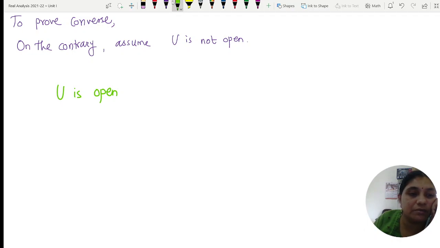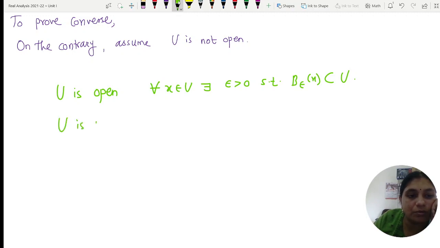By definition, what is meant by U is open? U is open means for every x in U there exists epsilon greater than 0 such that B epsilon of x is contained in U, right? Now I want the negation of this.